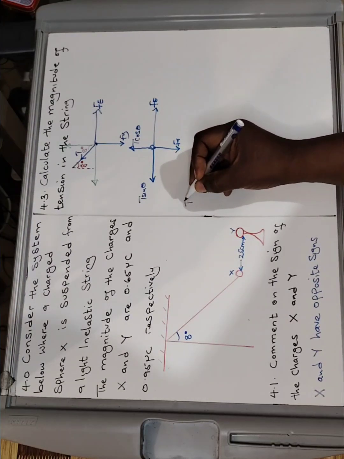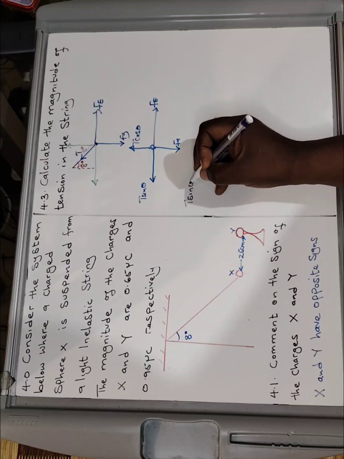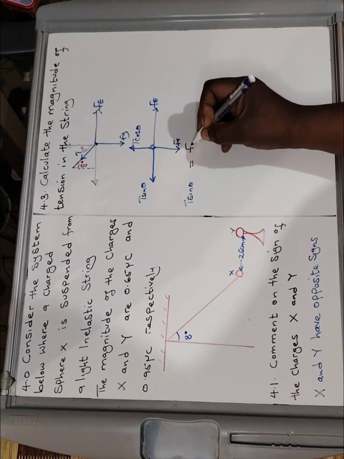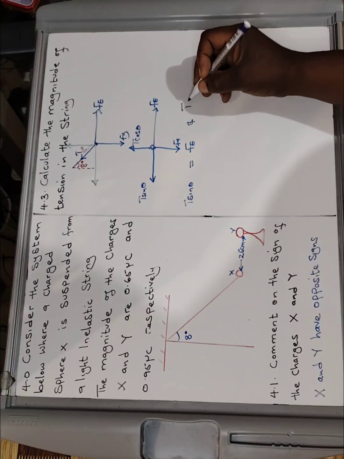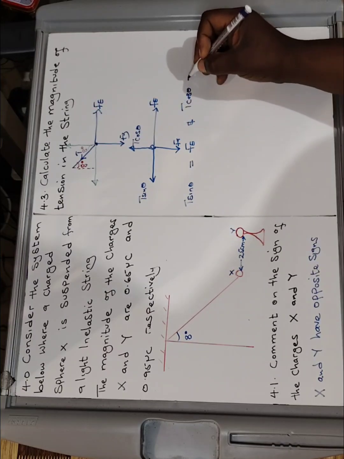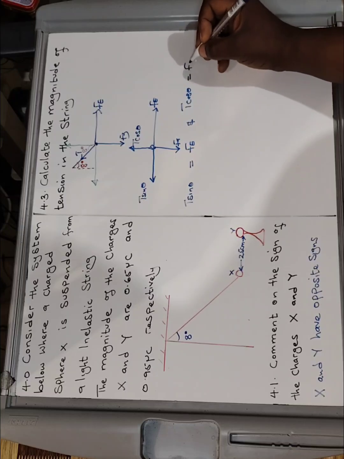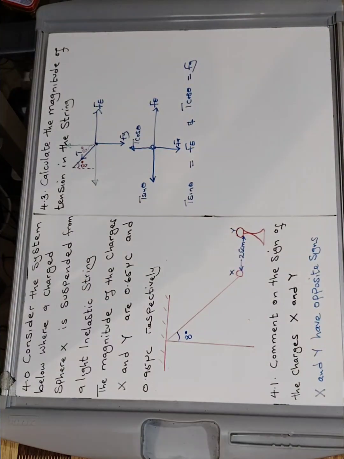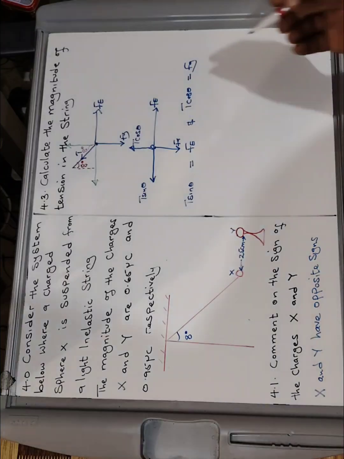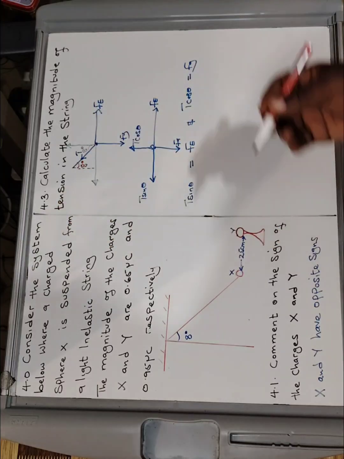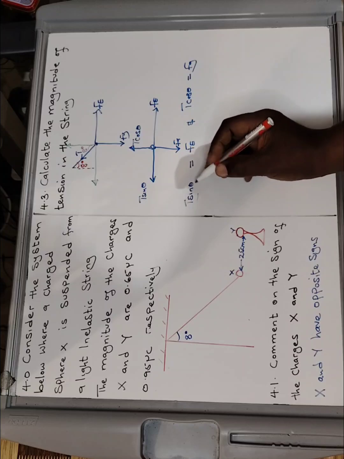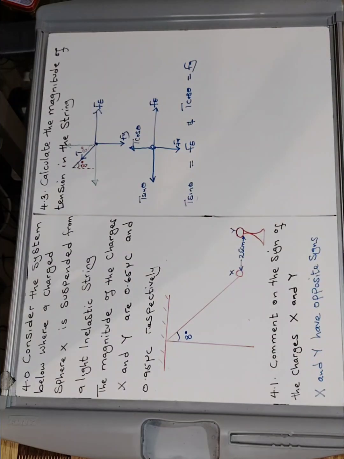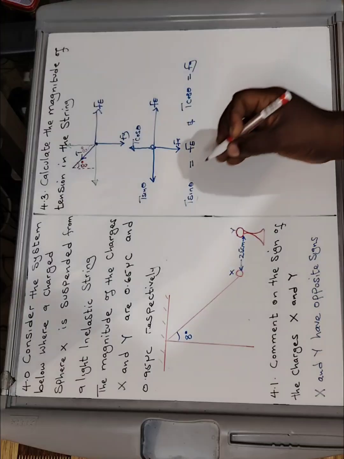One says T sine theta is equal to Fe. And another one says T cos theta is equal to Fg. Now you have to make a choice. Which one can be applied here? This one requires us to have the mass, and nothing was mentioned of the mass. So it's a dead end. That leaves us with this one as our choice of equation.